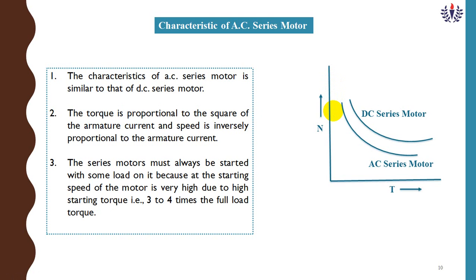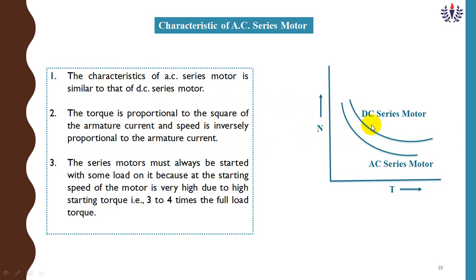Torque is directly proportional to ZφNP by 60A. Torque is proportional to the square of the armature current, and speed is inversely proportional to the armature current.